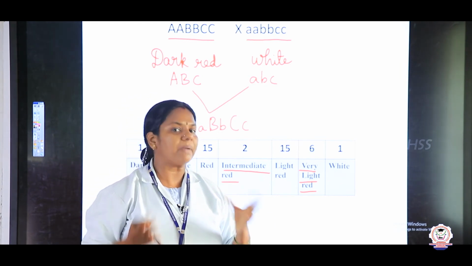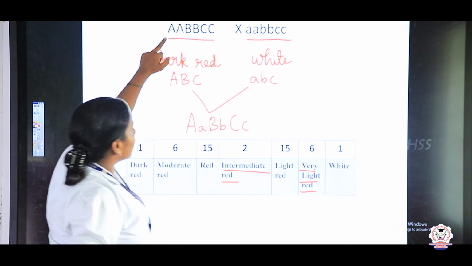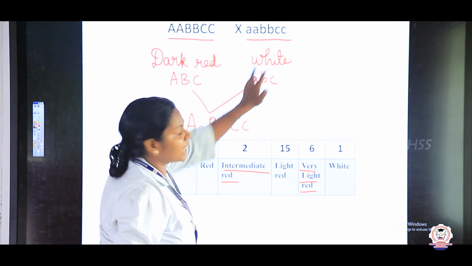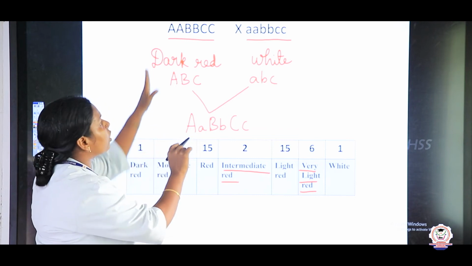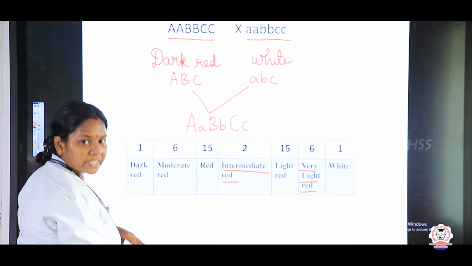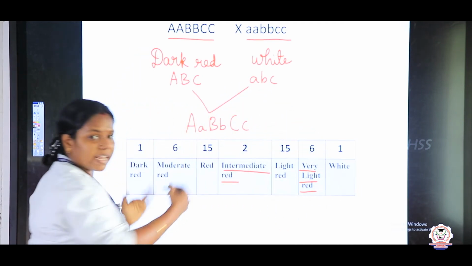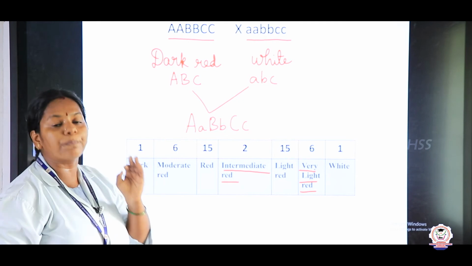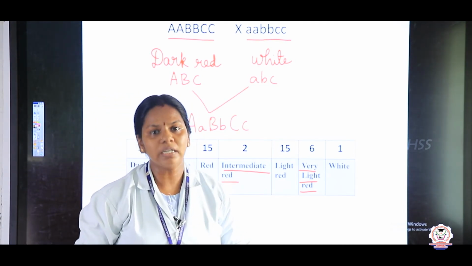Because if the blending takes place, the parents will not be there. For example, a dark red and the white kernel were crossed. If the blending takes place, there will not be dark red or white kernel in the offspring. But the dark red as well as the white were found in the next generation also. So he proved that in polygenic inheritance, blending does not take place.